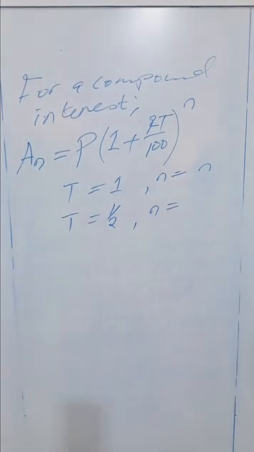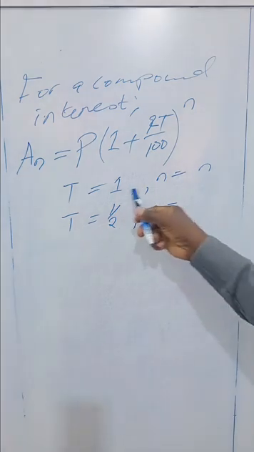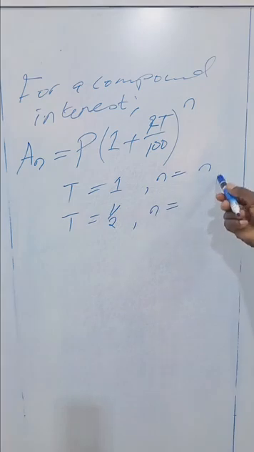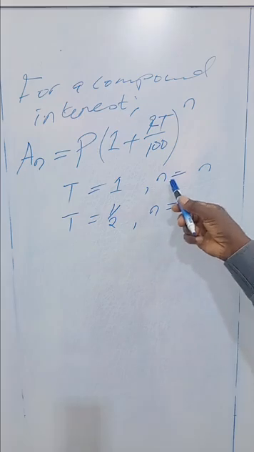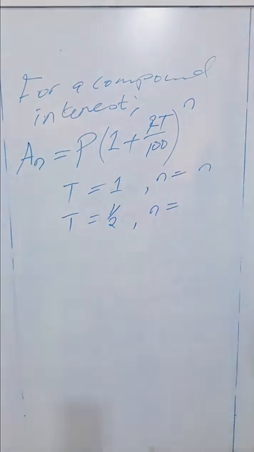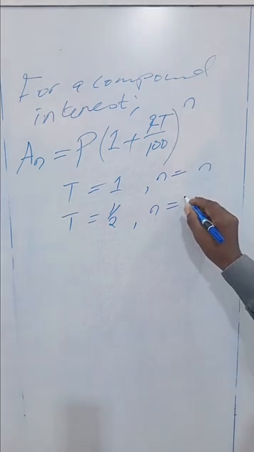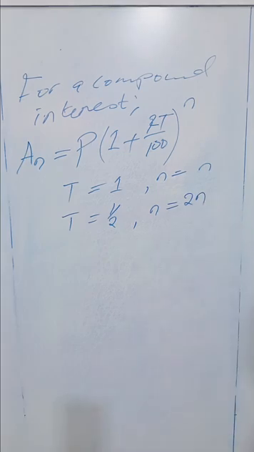This thing is happening twice in a year. So if T equals 1, our n remains as n. Then if T equals a half, it means this n now becomes twice as much as what we used to be. So our new n will be equal to 2n.